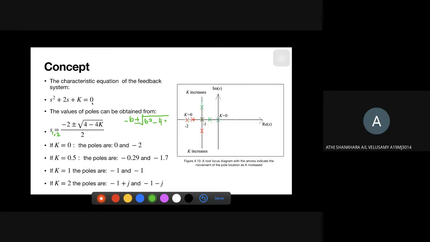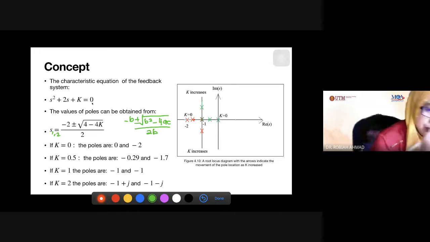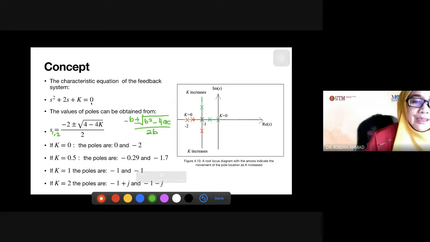minus 4ac, yes, dengan 2a. So kita apply this equation. So kita akan dapat this one lah: minus 2 plus minus square root of 2 squared minus 4 times 1 times K, over 2. 2b ke 2a, kelas? 2a kan?